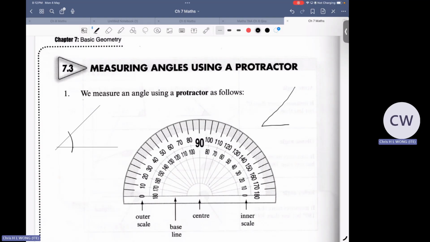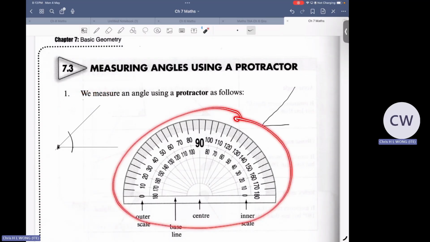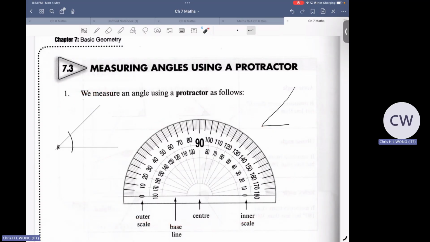How do you measure an angle using the protractor? If I ask you to measure this, this is your protractor. I know that many of you know how to use it, but just a revision. You always put the protractor at the center, at this point.